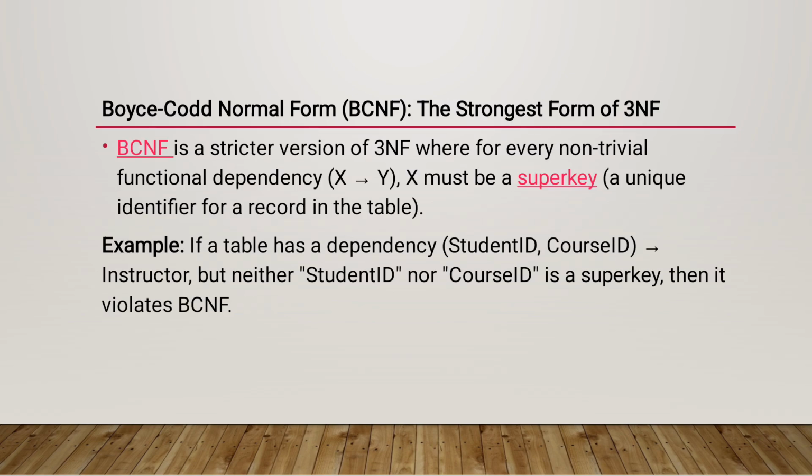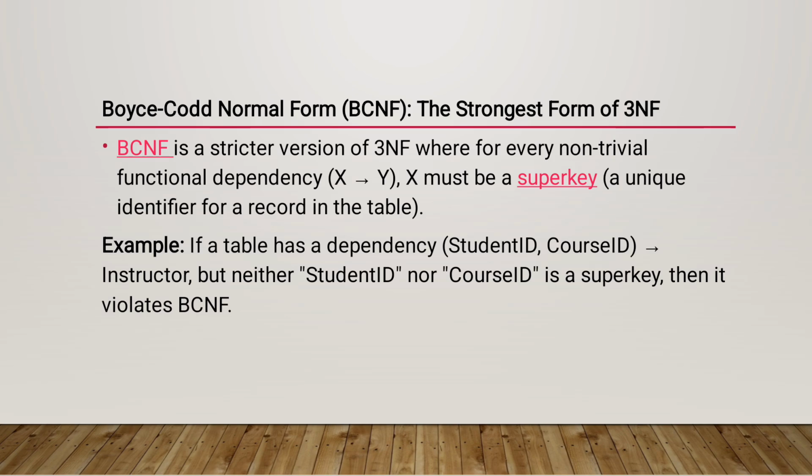Next, Boyce-Codd normal form. It is one of the strongest forms in normalization. To satisfy it, the table must be in third normal form, where for every non-trivial functional dependency X depends on Y, X must be a super key of the table.